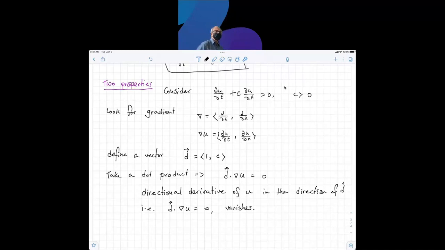Well, this has to be a unit vector, but if it is 0, then it does not matter whether it is a unit vector or any vector. So the directional derivative of u in the direction of d vanishes.